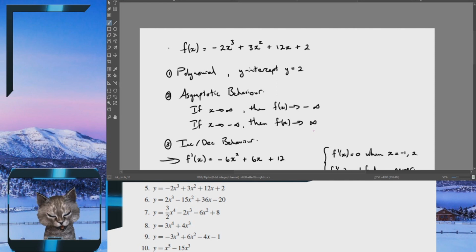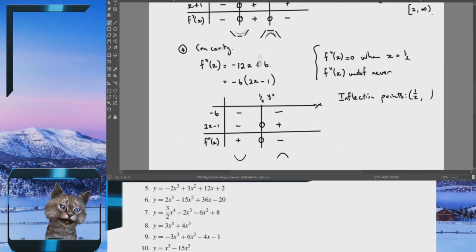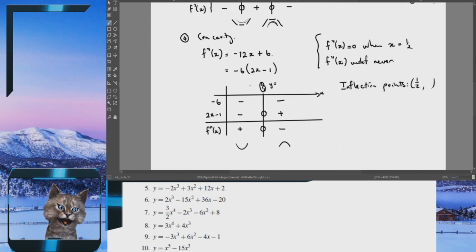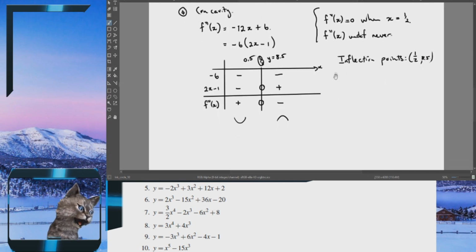Not everyone is skilled in the calculator in the same way. Plus 12 times 1/2 plus 2. And I get 8.5. Now we can mix the decimals here. You can go here and say this is 0.5 and then y is 8.5. You can mix it up. You can do whatever makes you more comfortable.